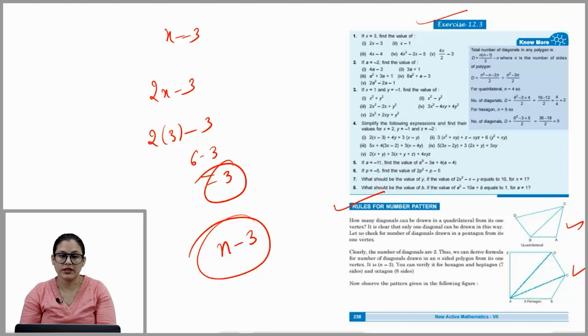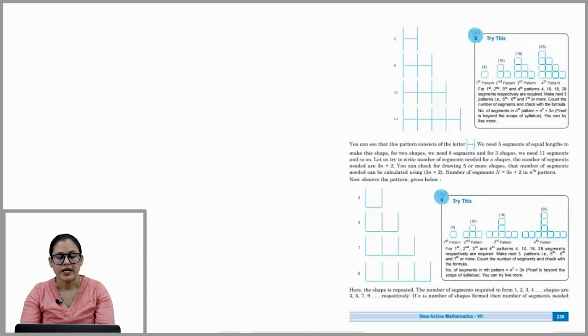Now observe the pattern given in the following figure. You can see that this pattern consists of the letter H. We need 5 segments of equal lengths to make this shape.